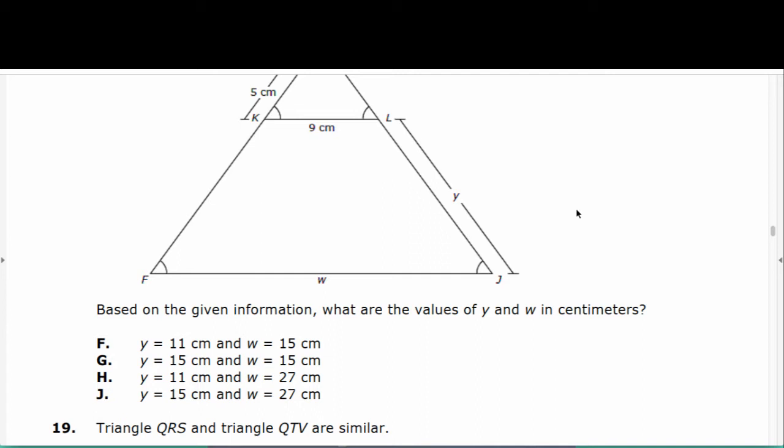F. y equals 11 centimeters and w equals 15 centimeters. G. y equals 15 centimeters and w equals 15 centimeters. H. y equals 11 centimeters and w equals 27 centimeters. J. y equals 15 centimeters and w equals 27 centimeters.